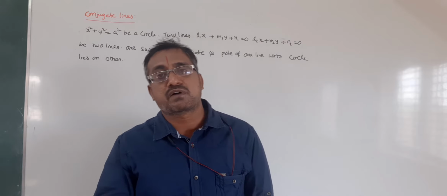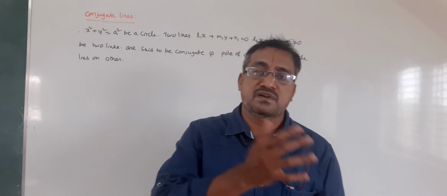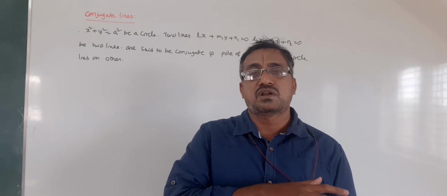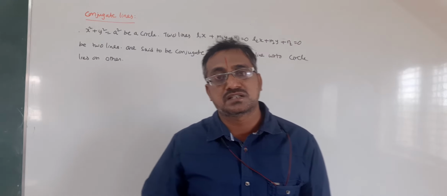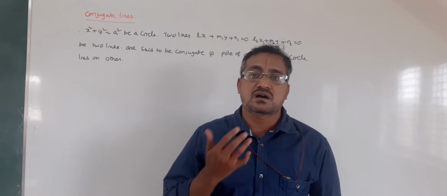So if you find the pole of one line, that has to satisfy the other line.